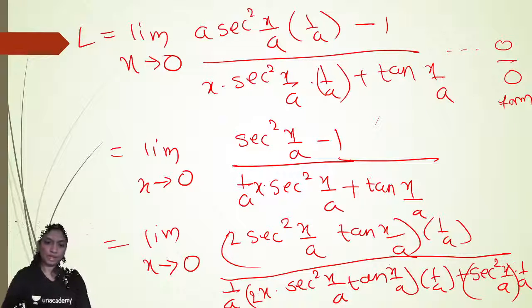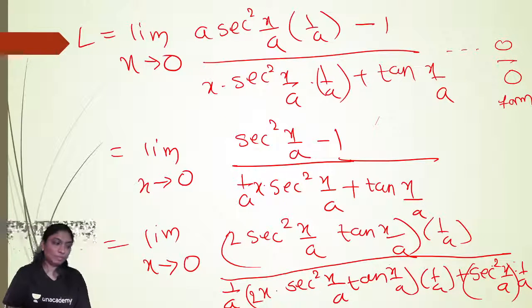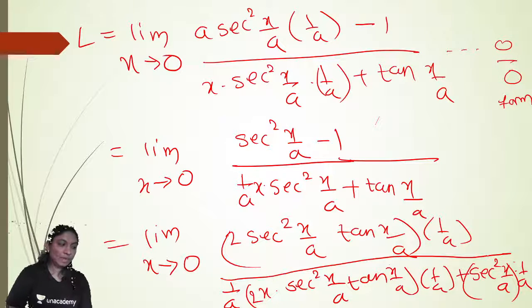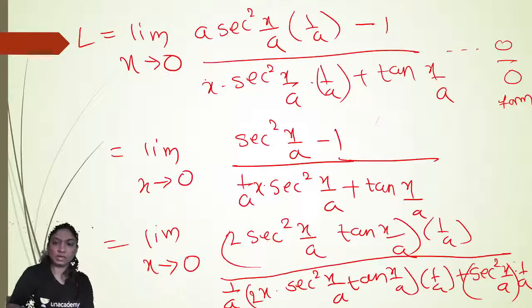Now 1 by a into x is 0, so this is 0 plus here sec square 0, so here is 1, sec square 0 is 1, so 1 by a, and here is plus 1 by a. Okay, limit as x tends to 0, so 0 upon 1 by a to 0 plus 1, right?